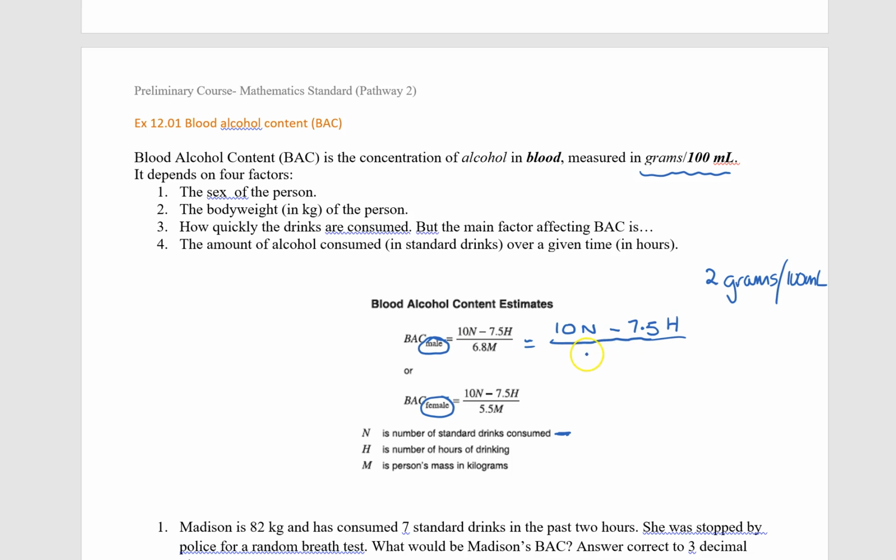And all of that then needs to be divided by 6.8 times M. Now the other another critical factor in blood alcohol content reading is your mass, M for mass. So it'll probably be given as a weight in kilograms.